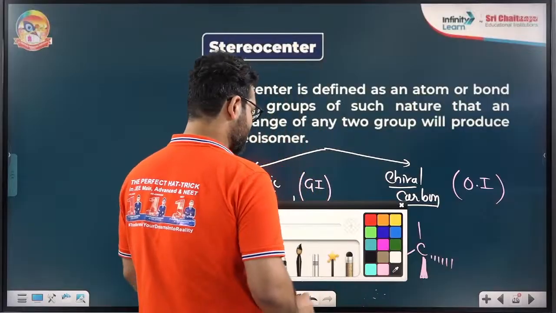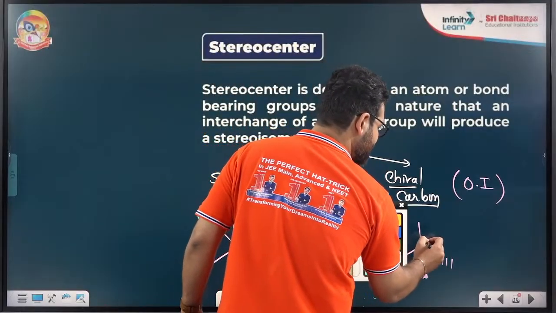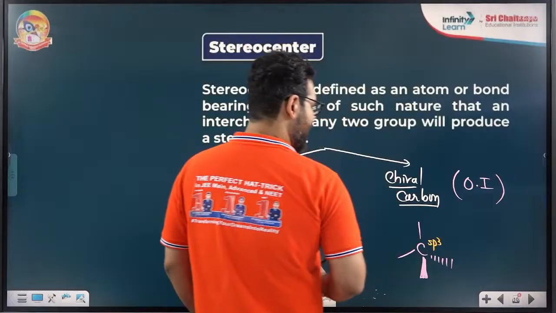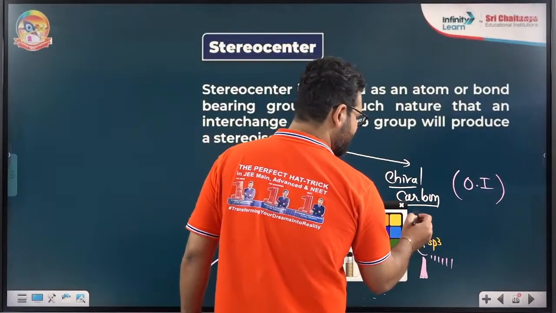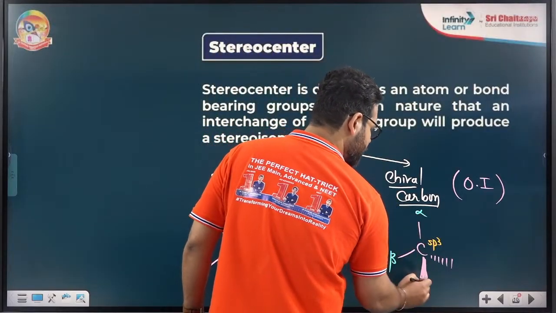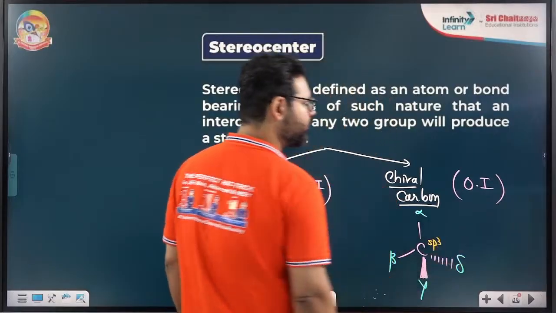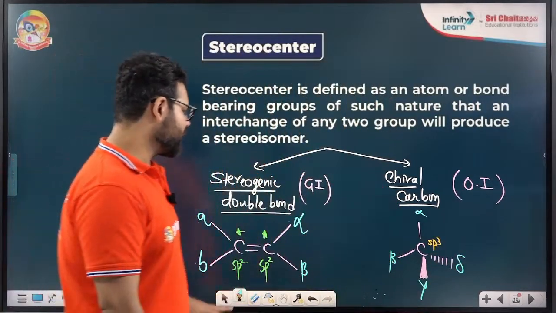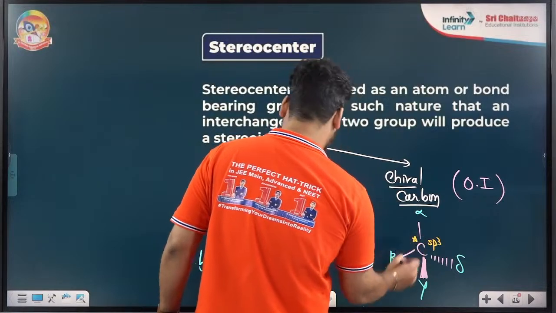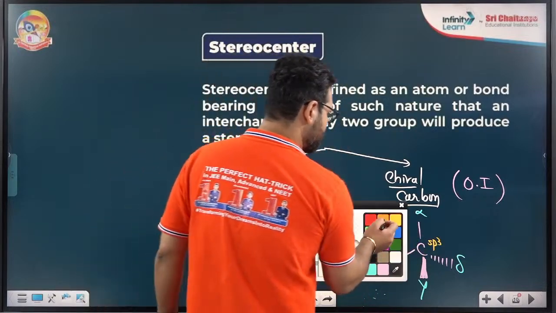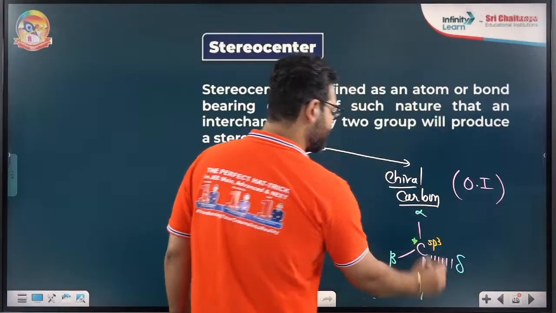So all of us know what is a chiral carbon. A carbon which is sp3, and it needs to carry 4 different groups. Let me call them alpha group, beta group, gamma group, delta group. All 4 groups different. Then this carbon also becomes a stereo center.